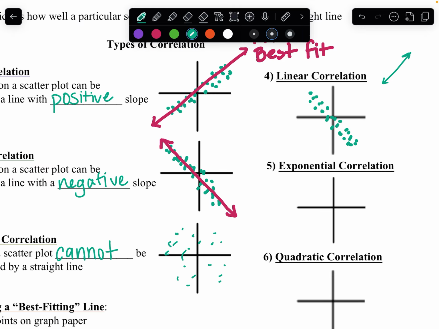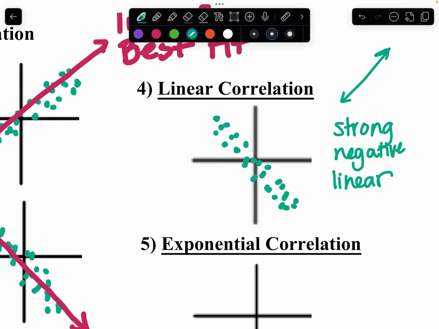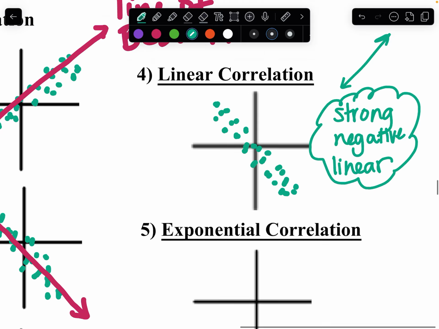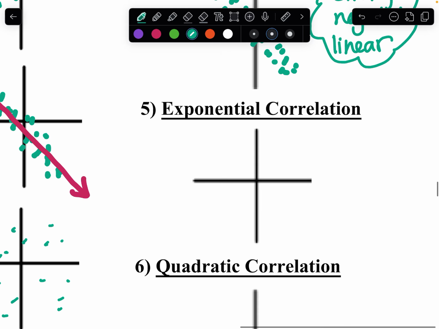How we would explain this type of correlation is it would be a strong, and we'll talk about that more later, strong, negative, linear, okay? Those are all the words that we can use to describe this linear correlation. It's linear because it forms a straight line, and it's negative because we would have a negative slope.